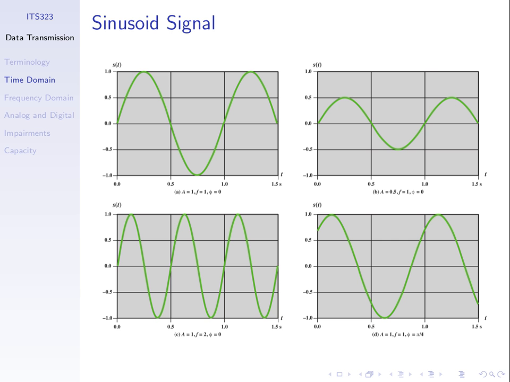That's our basic sine signal, sinusoid. The three values that we can change are the peak amplitude, frequency and phase. Here we have a peak amplitude of 1, frequency of 1, phase of 0. In the general equation, A, f and phi.